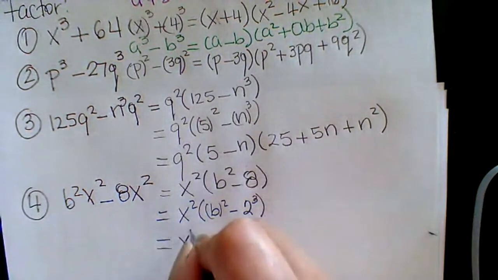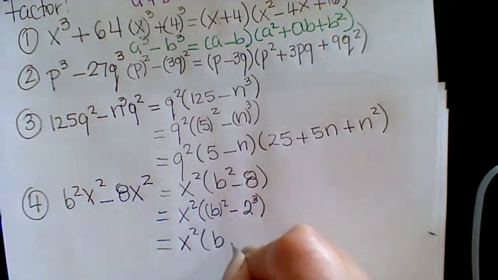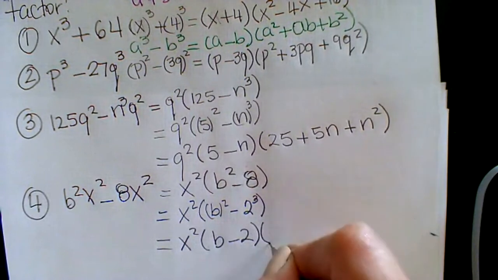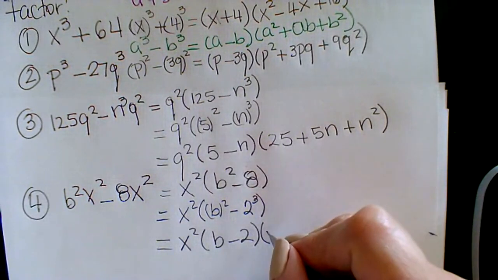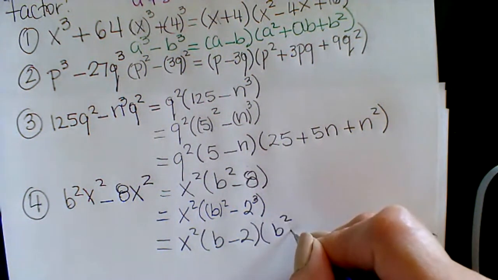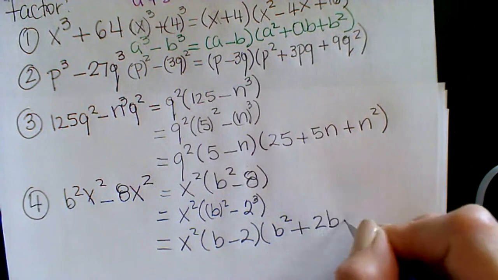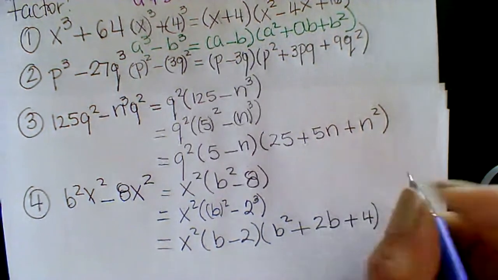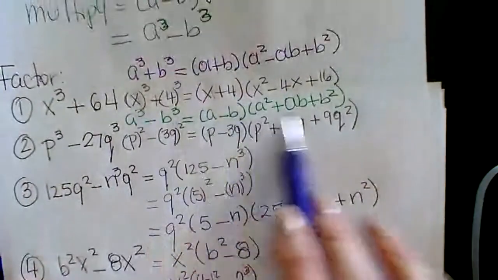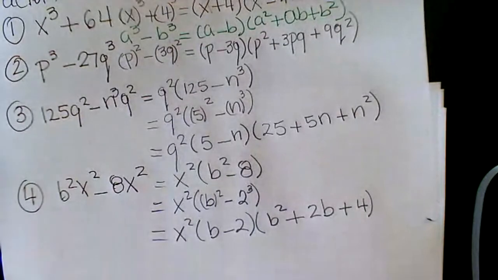So it's going to be b minus 2. And we're going to do the b squared plus 2b plus 4. I'm just following the formula. That's what I'm doing there, all right?